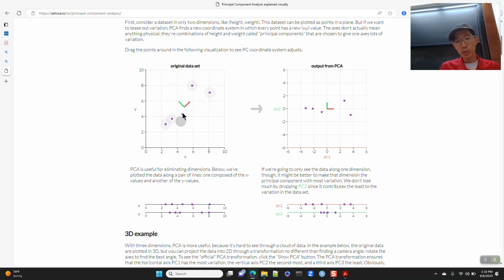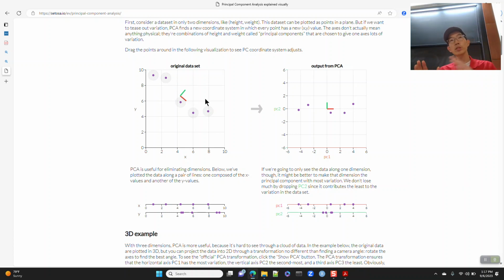But all we're doing is, again, finding a rotation of the data. If I changed this and put our data like this, the principal component analysis axes would realign, and this is still just a rotation of the original data.